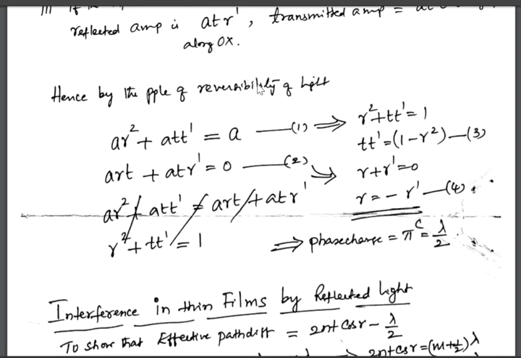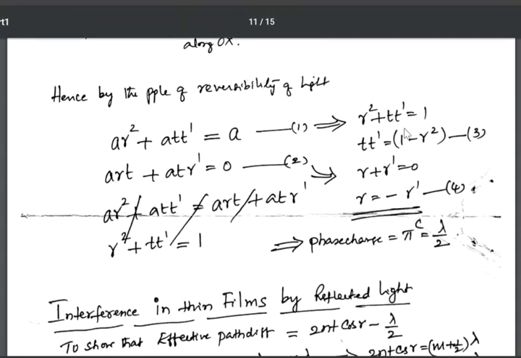So cancel A: R square plus TT dash is equal to 1. Therefore, T into T dash is equal to 1 minus R square. That is equation 3.